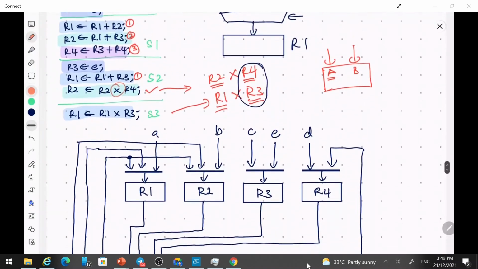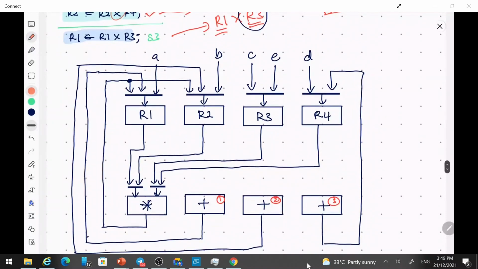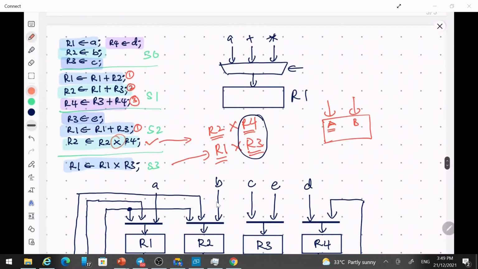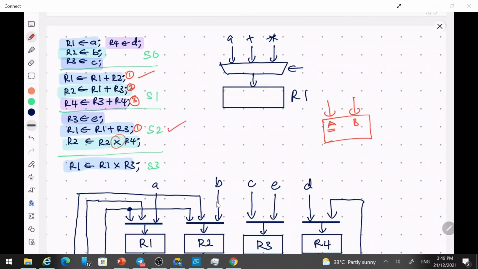And what about the input for the first adder? We need to go back to our RTL code as well and see where is our first adder, adder number one, this one and this one. Again, we have two equations here. First is R1 plus R2. Second one is R1 plus R3.